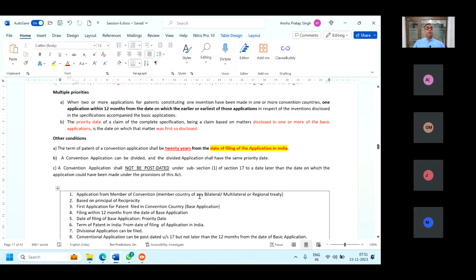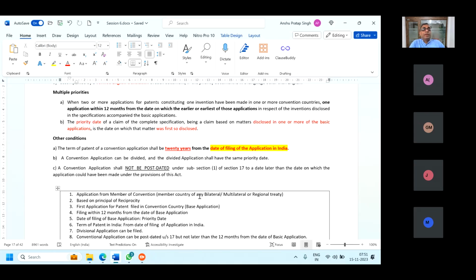Now comes the term. The term of a patent of a convention application shall be 20 years. From which date? Date of filing of the application in India. So the benefit is that you are getting the 12 months, your priority is also getting saved, and you are getting the entire 20 years.